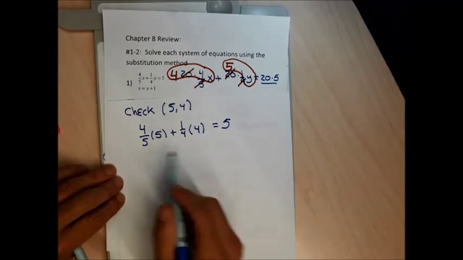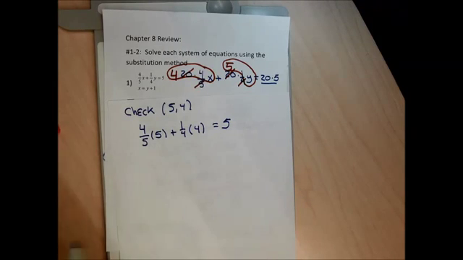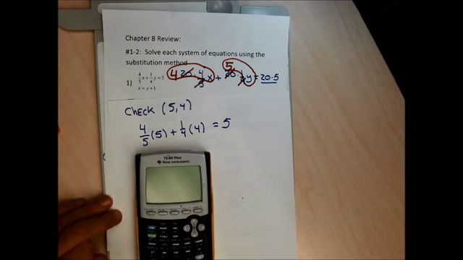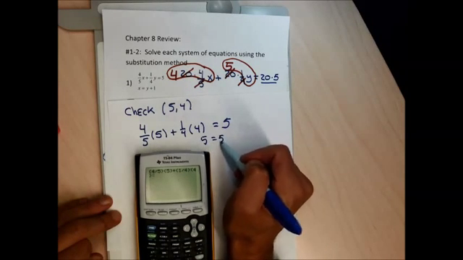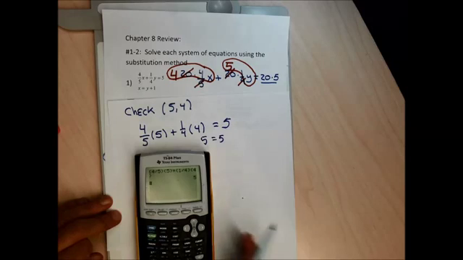Let me do that first on my calculator. My calculator is the best place to do checking with fractions. So parentheses 4 divided by 5 times 5 plus parentheses 1 divided by 4 times 4. And when I hit enter, it better say 5 because the right side is already 5. It does, so I know it checks there.